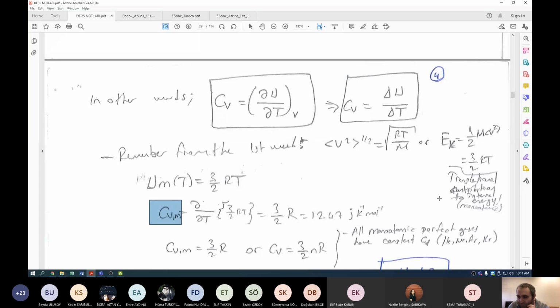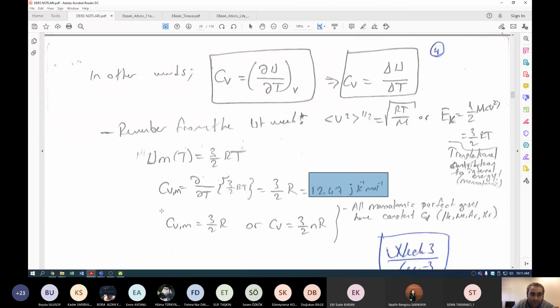This is one example and valid for all ideal monoatomic gases. There are also different terms involved when we have more than one atom in the molecular system. This is valid, for example, for a helium atom, an argon atom, or neon. But when it comes to a nitrogen molecule or a hydrogen molecule, for example, 2 hydrogen atoms, it is no longer valid, and we have to re-evaluate this.